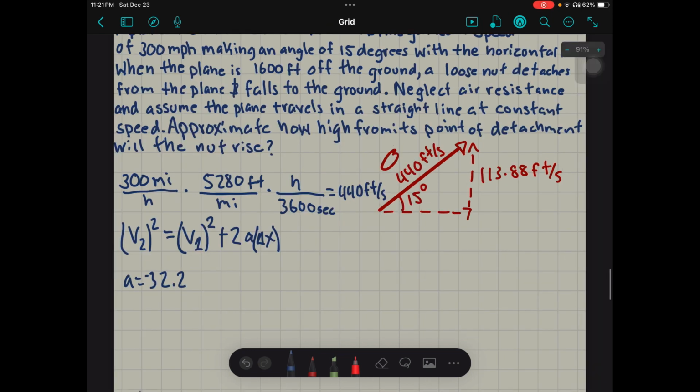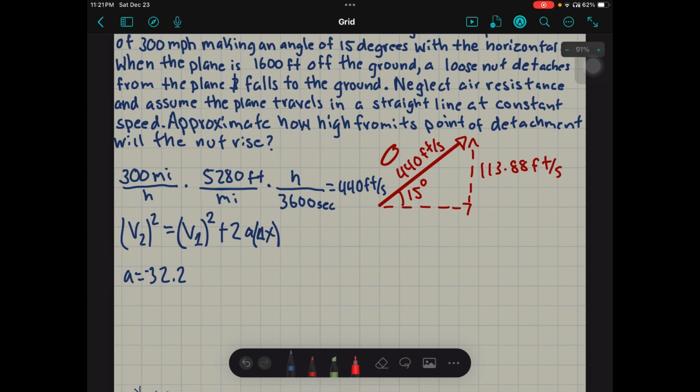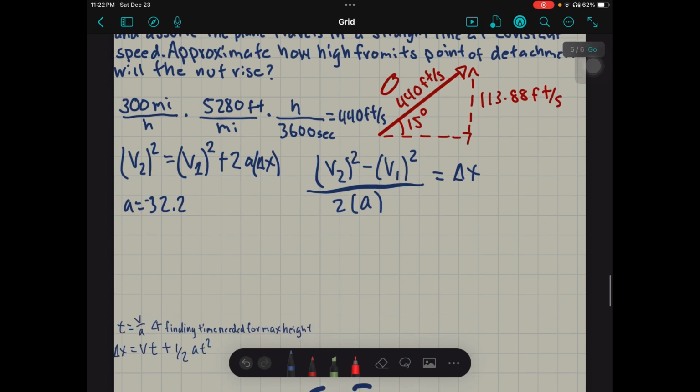So now we can solve for our delta x. We're going to have v2 squared minus v1 squared, divided by 2a, and that's going to equal delta x. Now we're going to plug everything in. We know that v2 is going to be 0 at the highest point.